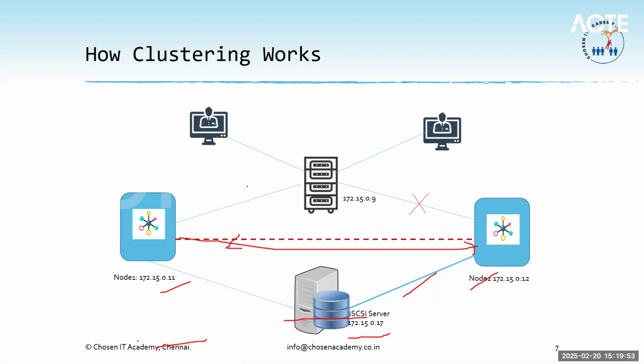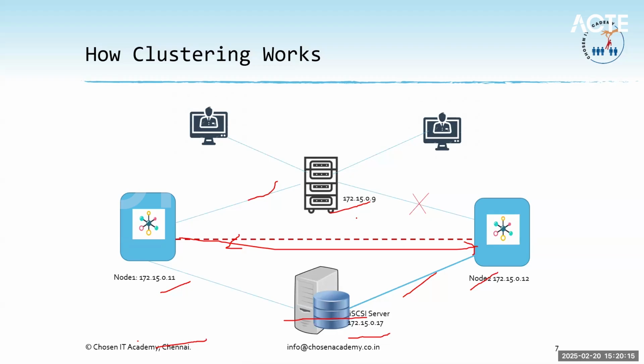And there's a virtual IP server that I have taken. So this is the virtual IP server which will be made available for all the clients. And I have taken a web service as the sample for demonstrating the high availability.